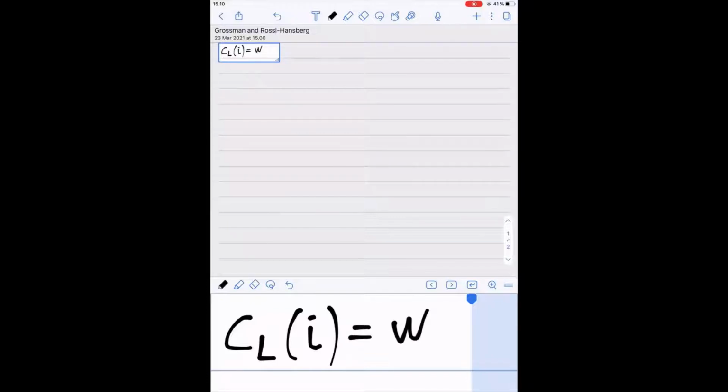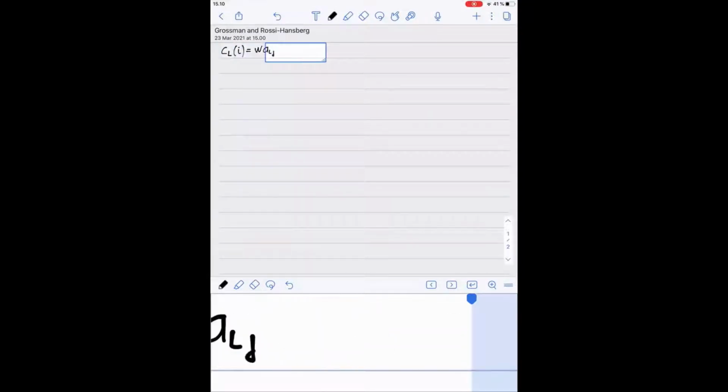If we adopt the same notation that we adopted for the Feenstra and Hanson model, and so we think that the unit cost C for a low-skill task, so let's call it C_L, for a task I at home equals the wage at home times the unskilled labor requirement, A_L of J. And recall A_L^J is constant.